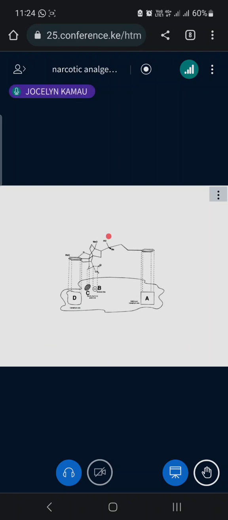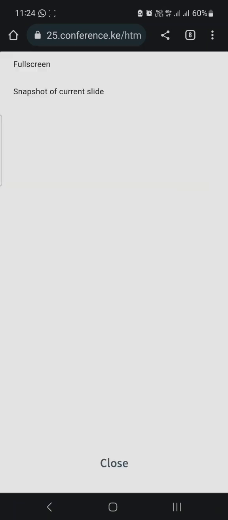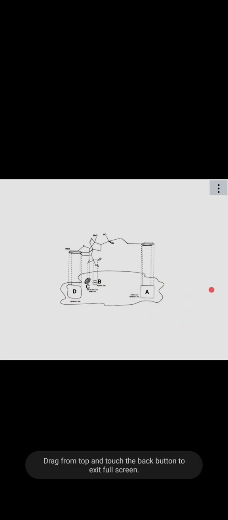This is our site, this is our receptor here. This is our opioid receptor there. And this opioid receptor is the one where you have your aromatic ring, and you can see it will interact with the D receptor through lipophilic interaction.